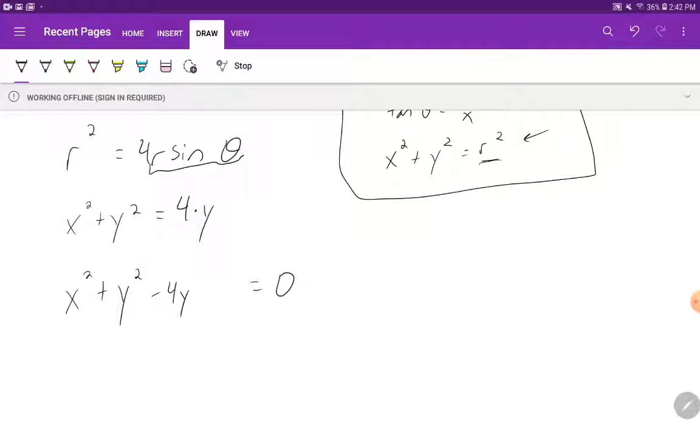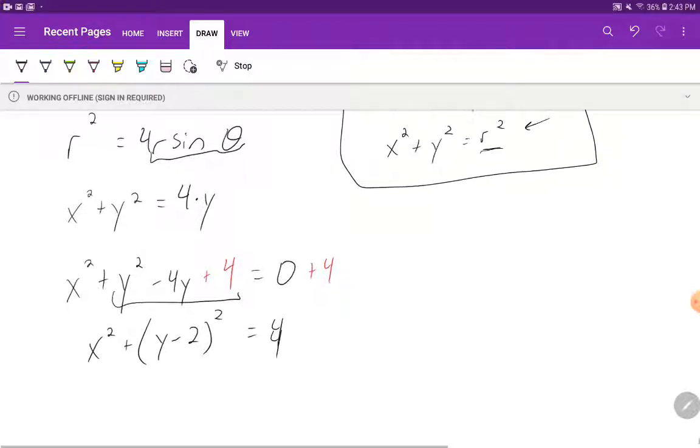I divide the b term in half and square it. So you take 4, divide by 2, you get 2, and square it, you get 4. That's what you add to both sides. I can rewrite this, now that I completed the square, as y minus 2 quantity squared, and the right side is 4.